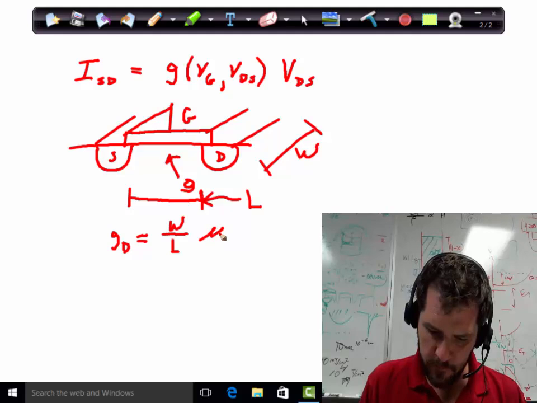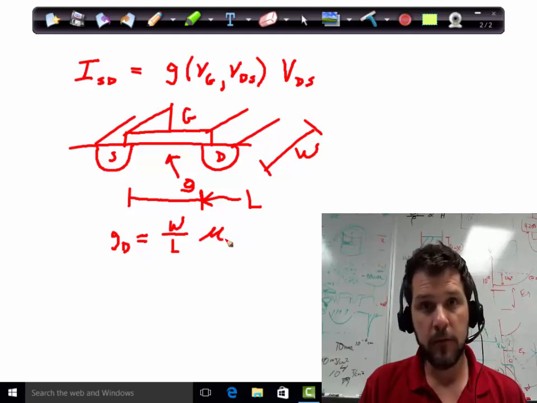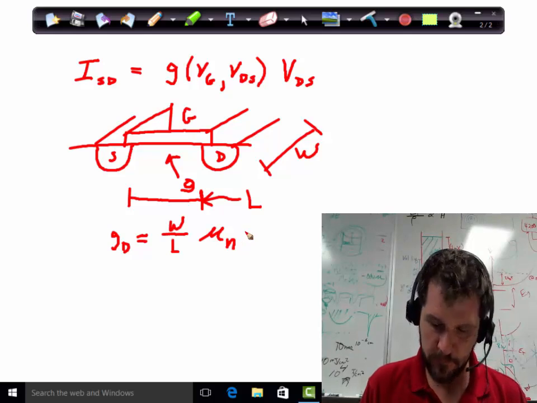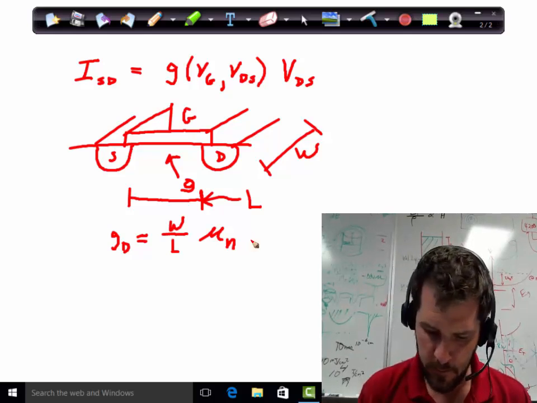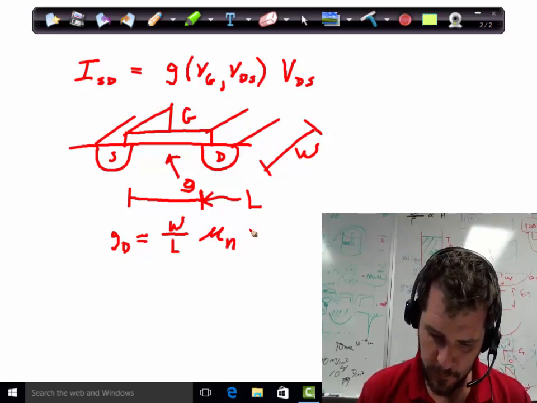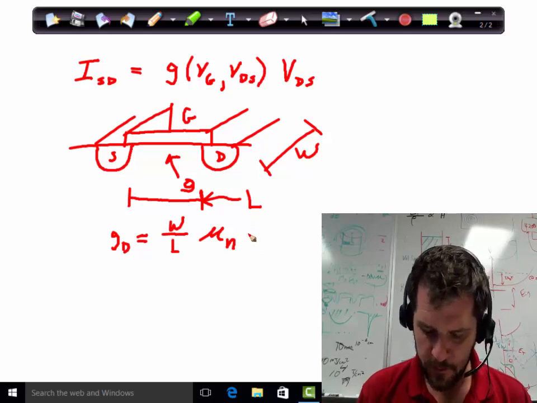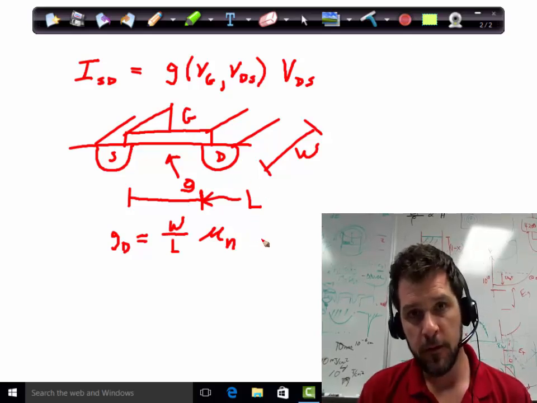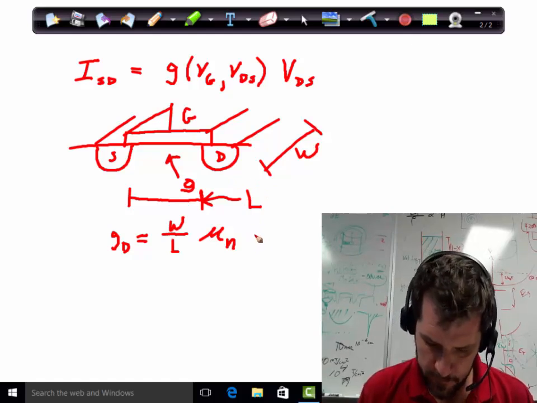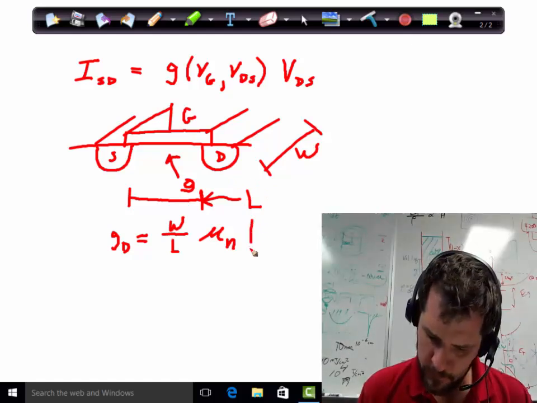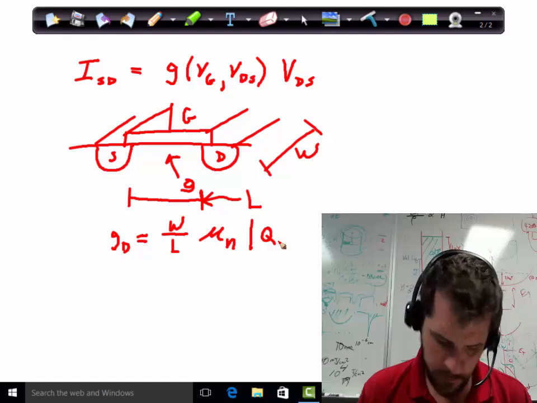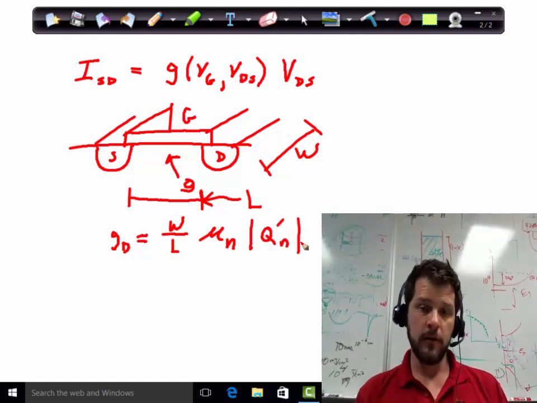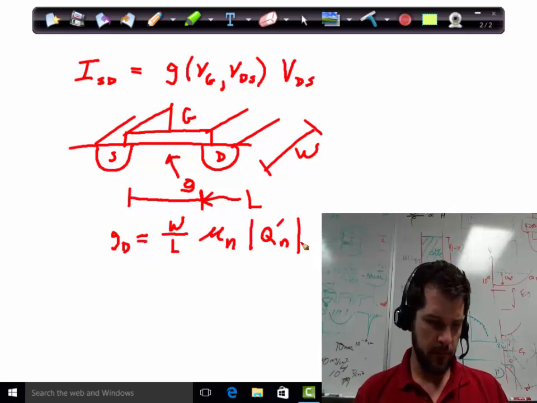We have the mobility in the channel, and this of course is going to depend on the E field present there, as well as scattering mechanisms, roughness of the channel, and other factors of fabrication. And finally, we get to that quantity I alluded to, the charge in the inversion channel.